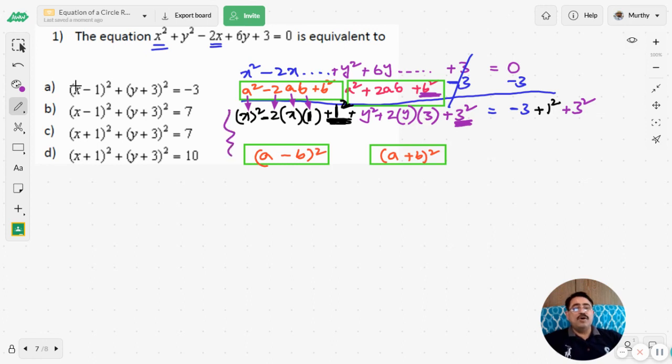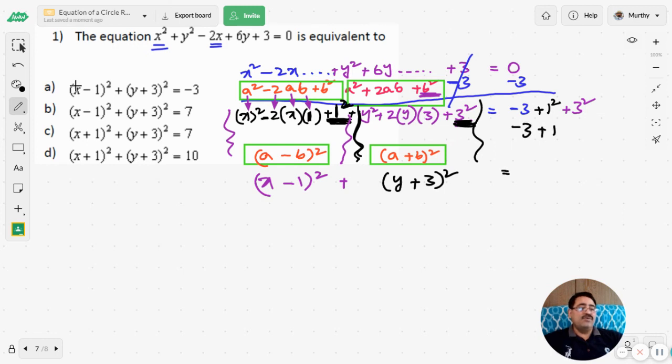Now, this portion is written as a minus b whole square. A means x. B means, you see that it is 1. X minus 1 square plus, what is the next part I am taking. What is a, that is y. What is b, you can see that it is 3. Square negative 3 plus 1. 3 square is 9.